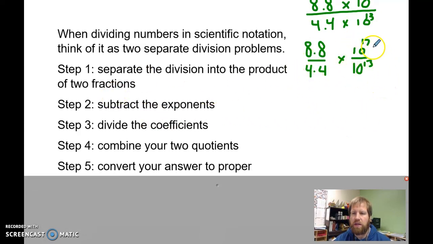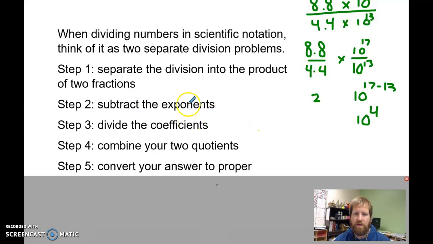And then I like to subtract my exponents first. So that would be 10 to the 17th minus 13, or 10 to the 4th. And then over here I have 8.8 divided by 4.4, and I know that's going to be 2. Okay? 8.8 is twice as big as 4.4.